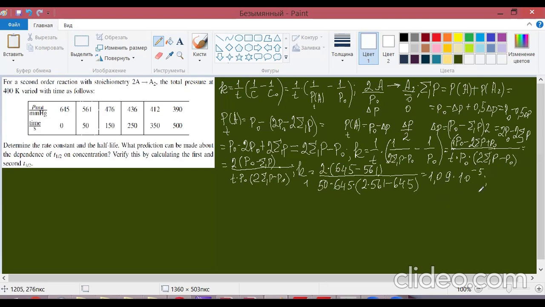That's the first one. Then k2 is equal to 2 times 645 minus 476 over 115 times 645 times 2 times 476 minus 645.